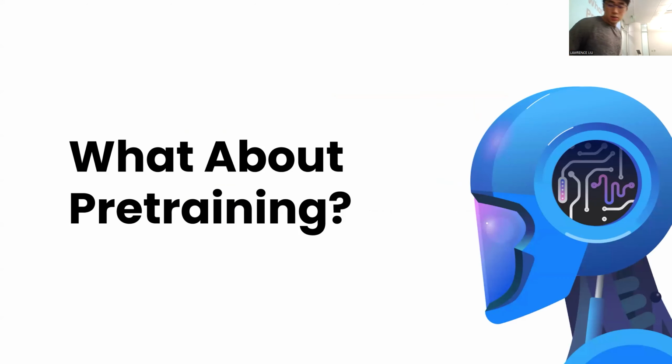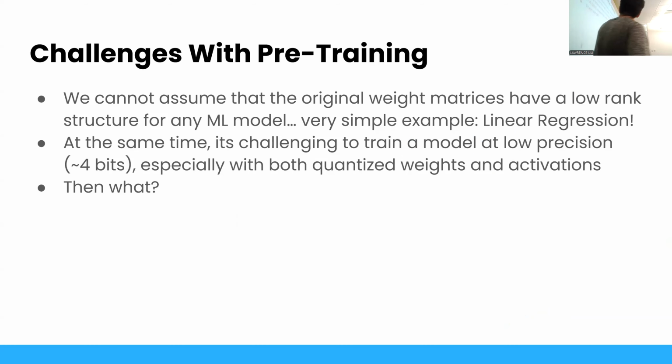Okay, so then the question becomes, what about pre-training? For pre-training, we can't assume that the original weight matrix has a low rank component. This holds for even very simple problems. For instance, linear regression, your optimal W is the pseudo inverse of your data set.